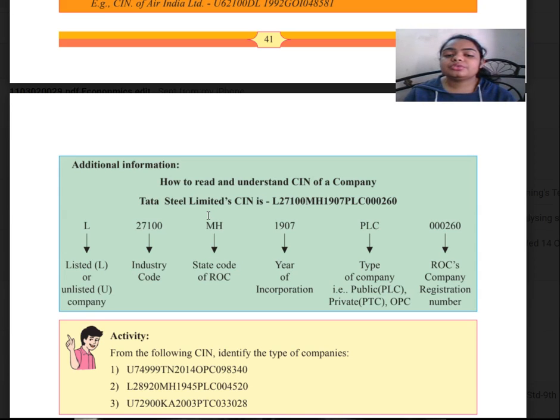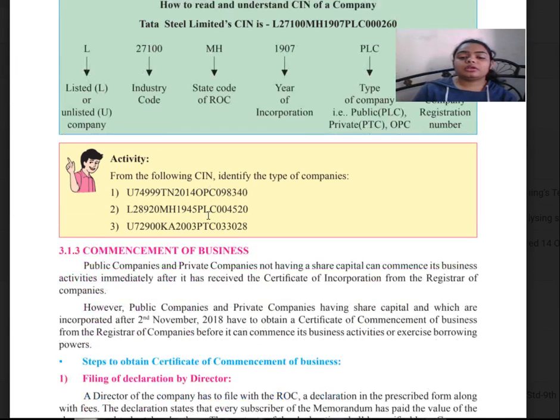Then 27100 is the industry code. MH is the state code of the ROC. Then 1907 is the year of incorporation. Then PLC is the type of company, that is public company, private company, or OPC. Then the registration number. So this is how a unique identification number is given to every company. Similarly, you can find out these for all companies.